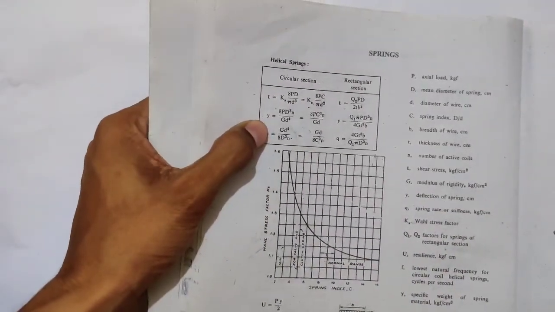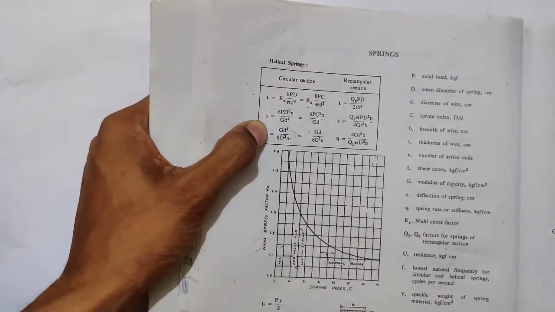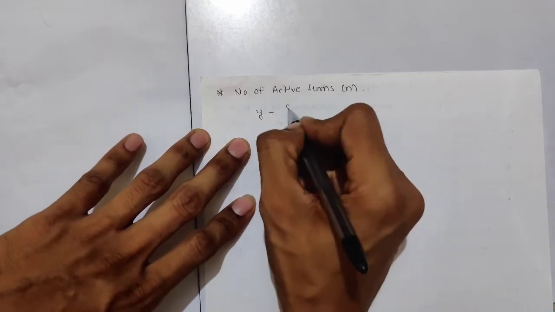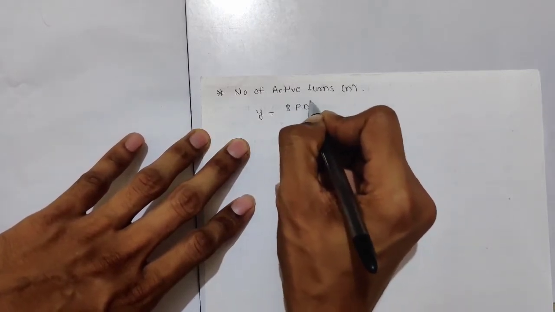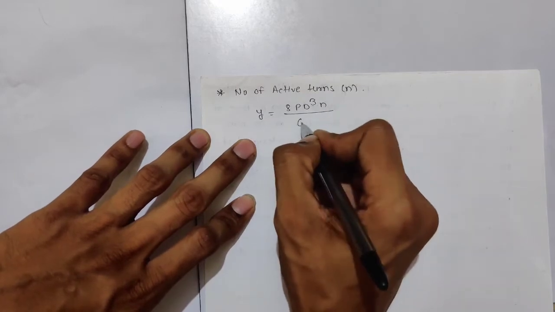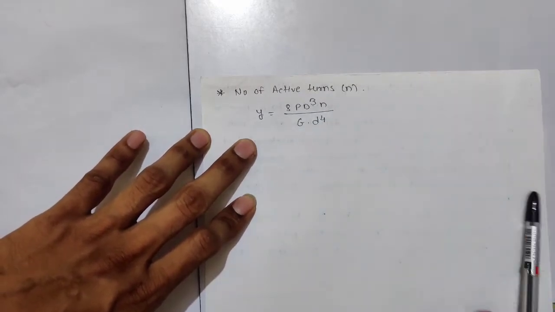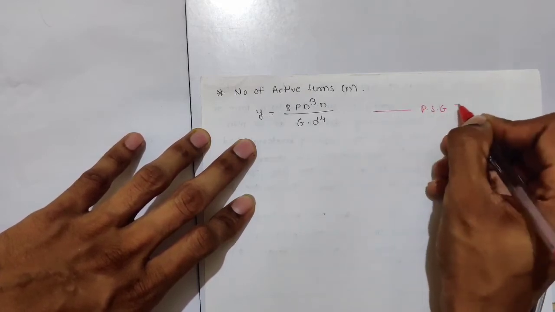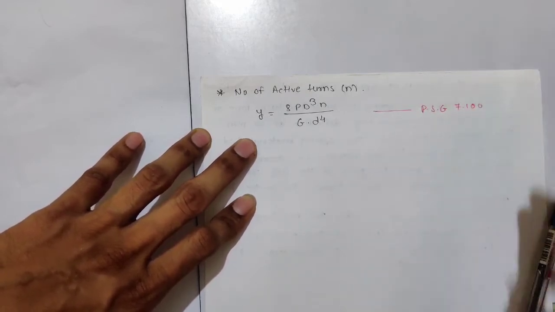y is the deflection which is given in the problem itself. So y is equal to 8 P D cube n upon G d raised to 4. This is from PSG 7.100.